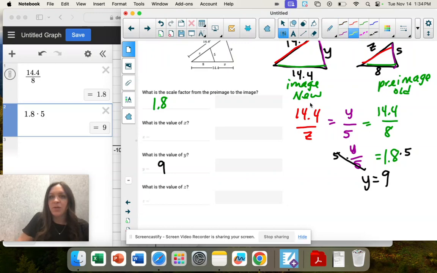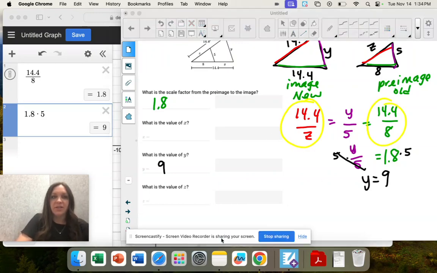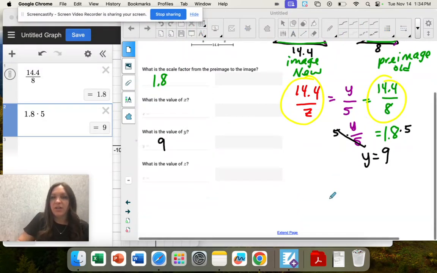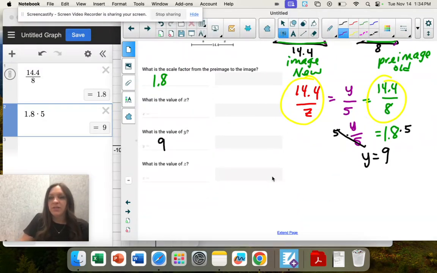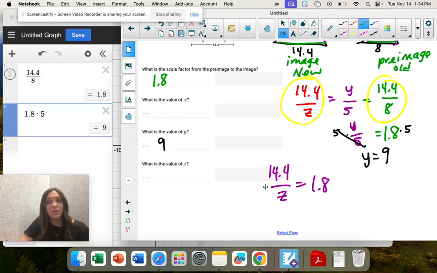So I'm going to pull this and this together. I got to move that. I'm going to run out of room on this one. So 14.4 over z equals the scale factor, which reduces to 1.8. To get rid of the fraction, we multiply by the denominator on both sides.